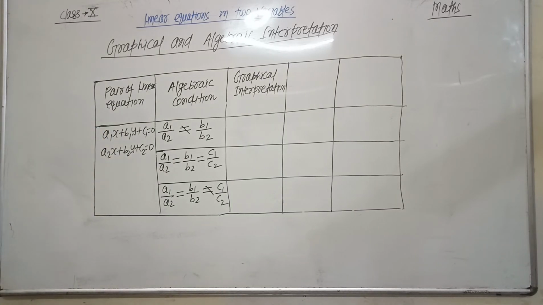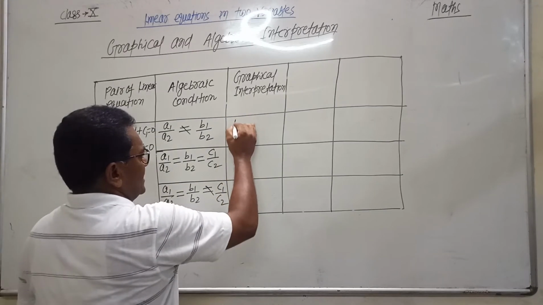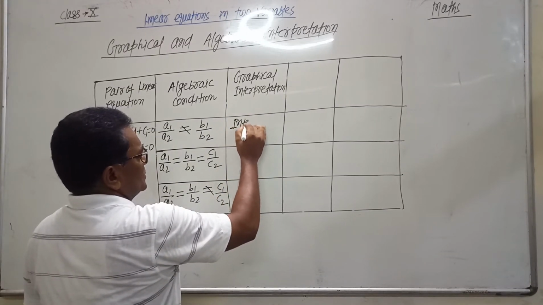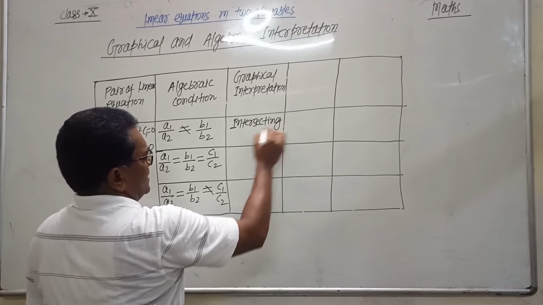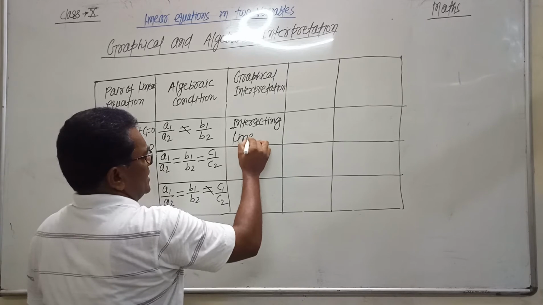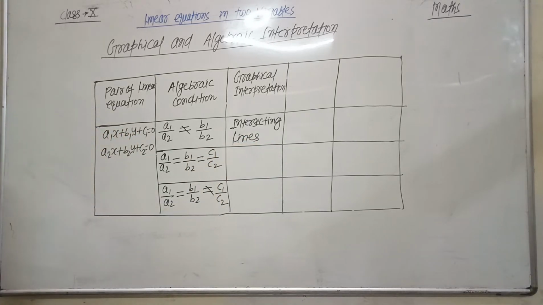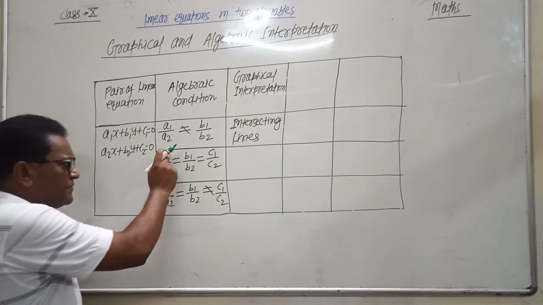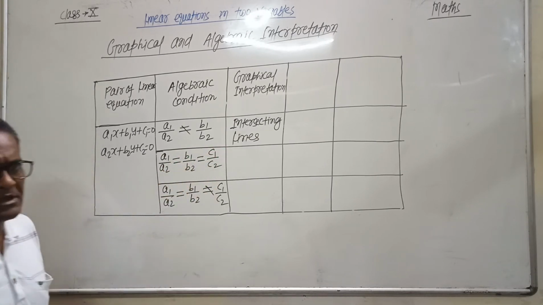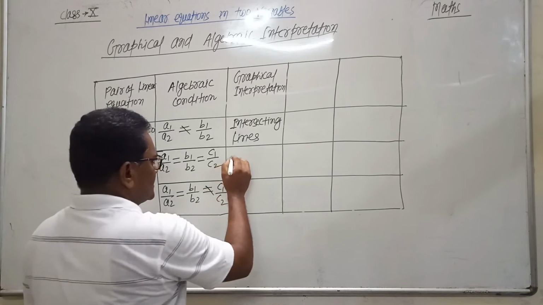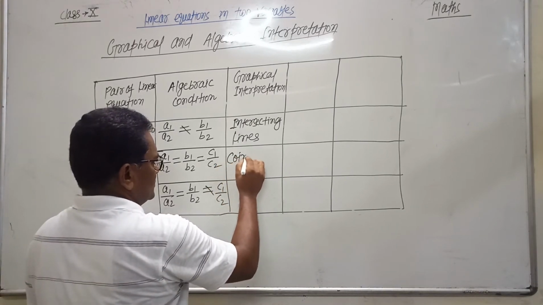If a1 by a2 is not equal to b1 by b2, its graphical interpretation is that it gives intersecting lines. And if a1 by a2 equals b1 by b2 equals c1 by c2, it gives coincident lines.